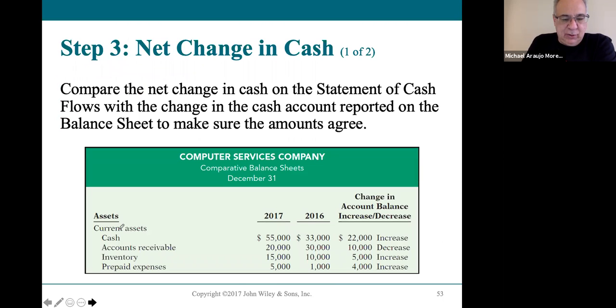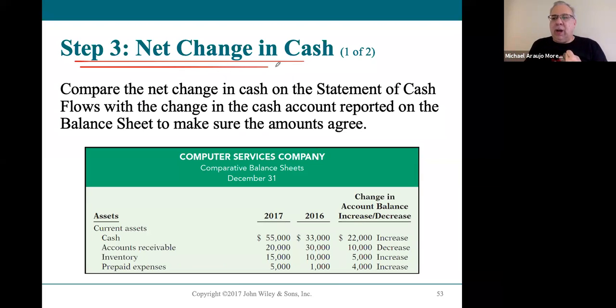So now it comes to step 3. Now that we know what operating activities provided us, how much we used for investing activities, and how much we used for financing activities, we can add those numbers up, and now we can compare our cash. What happened to cash?